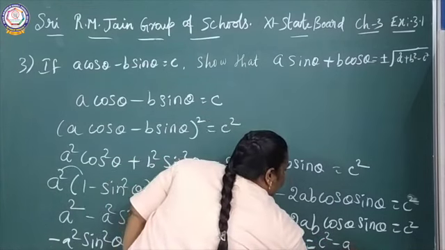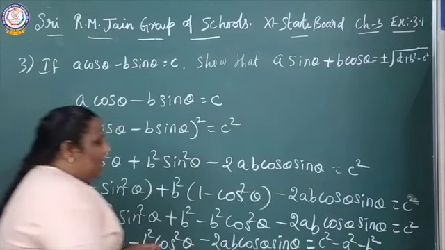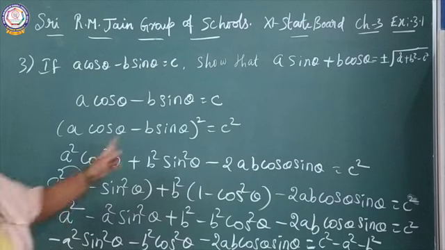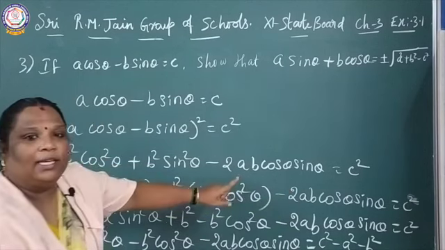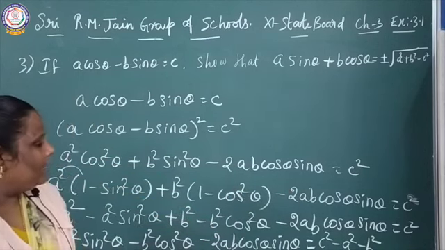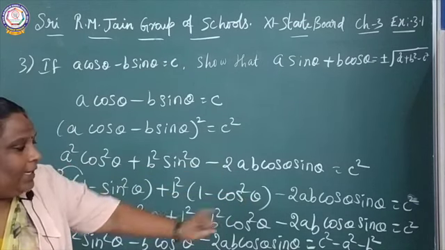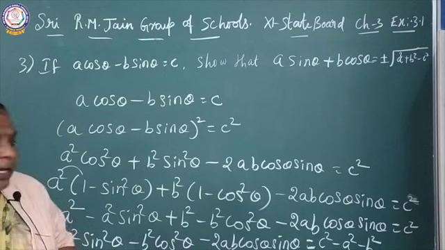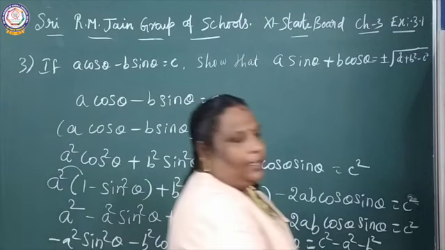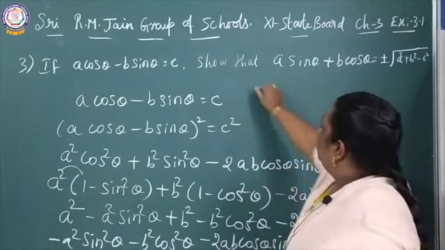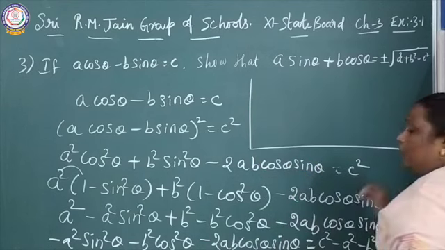See that A square to the right hand side is nothing but minus A square. B square also moves to the next side, it gives minus B square. Now you change the sign throughout.